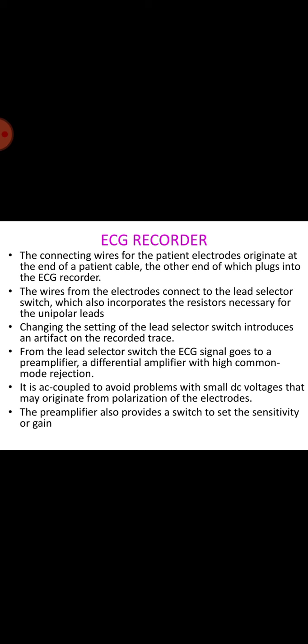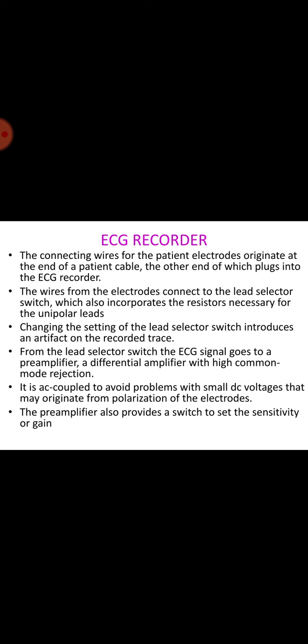So this block diagram shows how the ECG recording unit is connected with the blocks of defibrillator protection circuit, lead selector, power supply unit, amplifier unit and output unit. The connecting leads to the patient electrodes originate at the end of the patient cable, and the other end plugs into the ECG recorder.